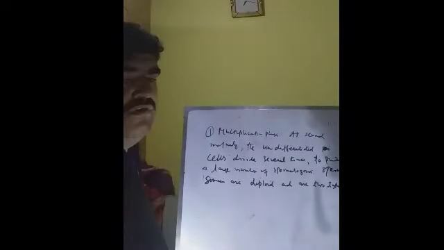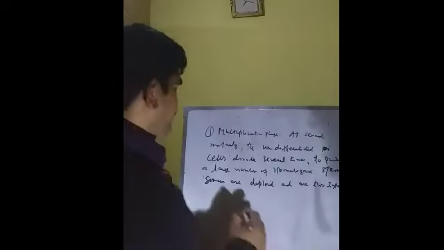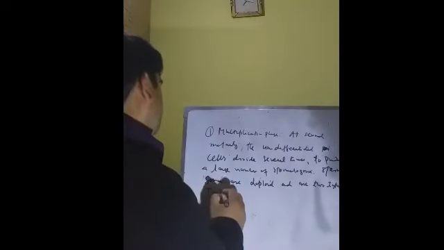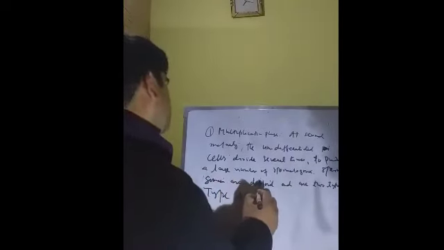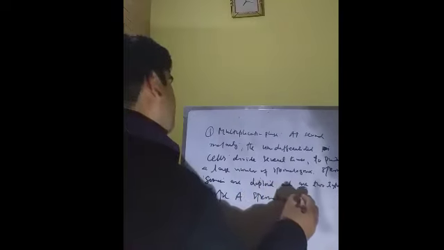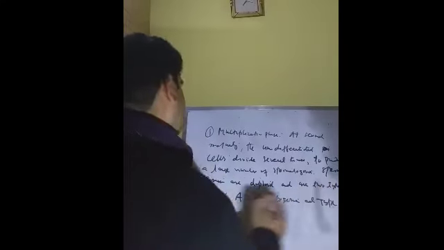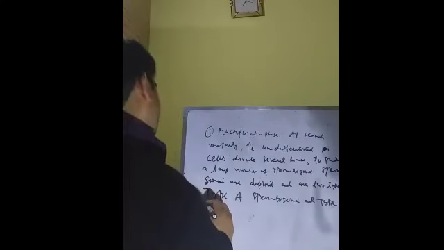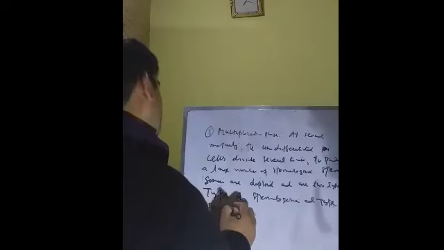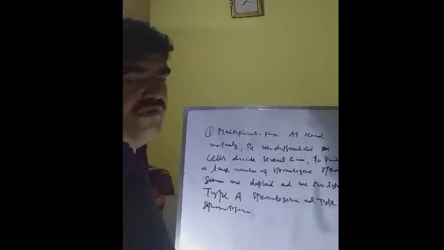There are two types: type A spermatogonia and type B spermatogonia.